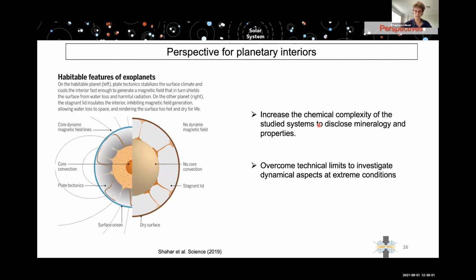Let's say, for instance, the example of the dynamo. So we can't really limit ourselves to analyzing one property or one thing, but we have to try to get a complete view of a planet and how all the parameters interact with each other. So we have to increase the chemical complexity for what concerns exoplanets and overcome technical limits.